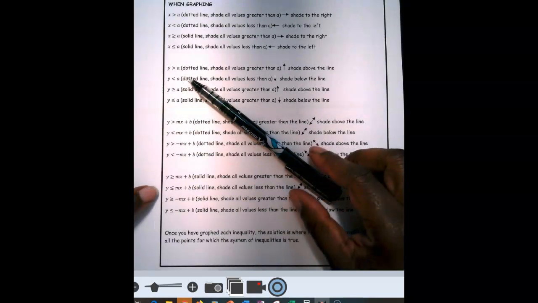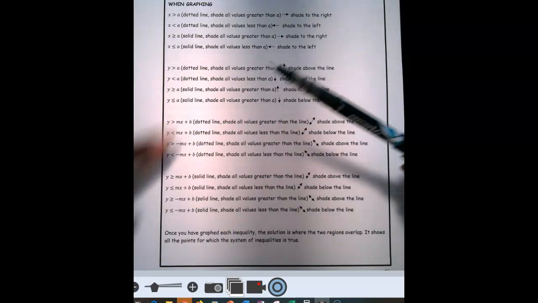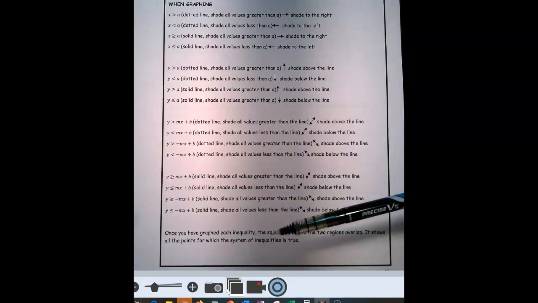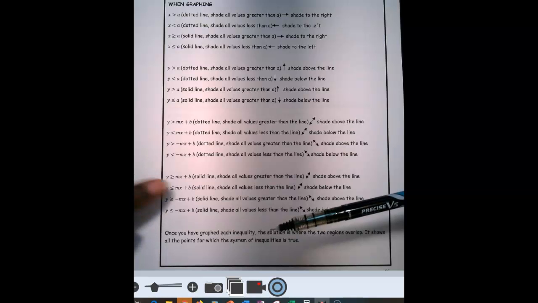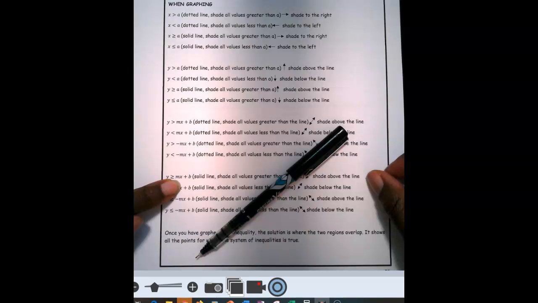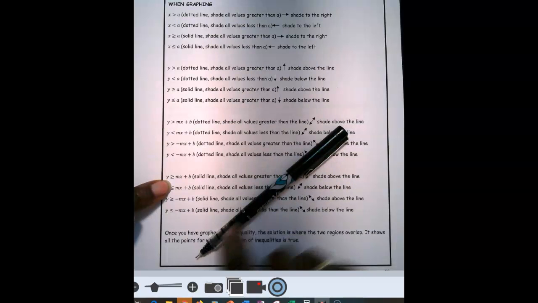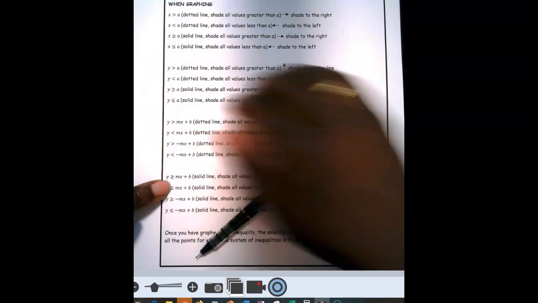Now, what happens if we change from a dotted line to a solid line? Nothing really. As long as m is positive, I know I've got a positive slope, and all my values of y are greater than or equal to, that means I'm going to have answers on this line and above it.